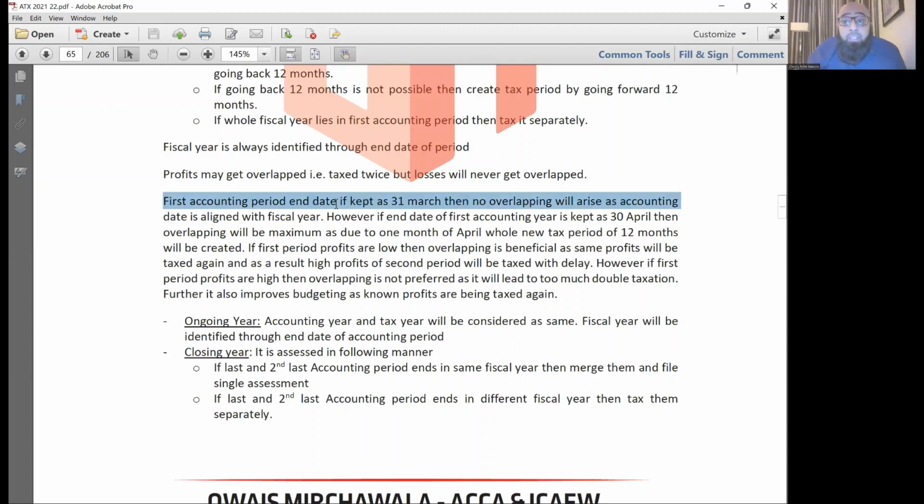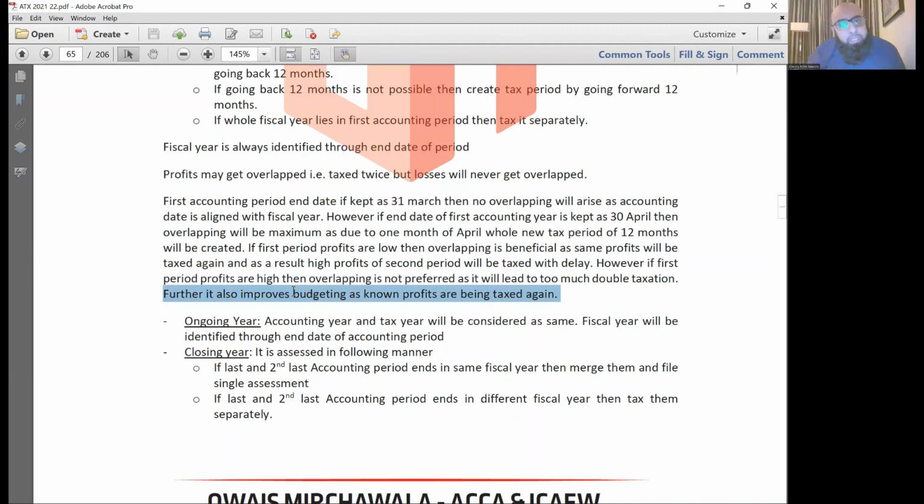If capped as 31st March, there will be no overlapping. However, if the accounting date is capped as 30th April, then overlapping will be maximum. If first period profits are low, then overlapping is beneficial as the same profits will be taxed again. Okay. It also improves the budgeting.